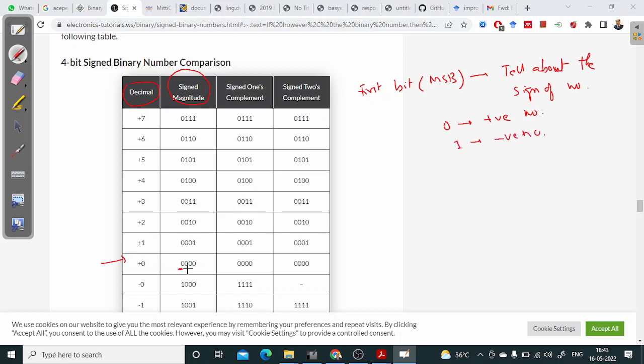So this is 0 and 0 0 0, so it's a plus 0.